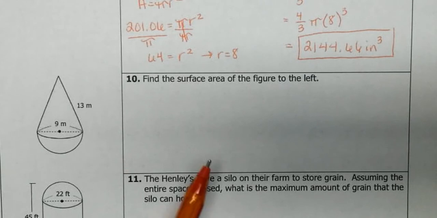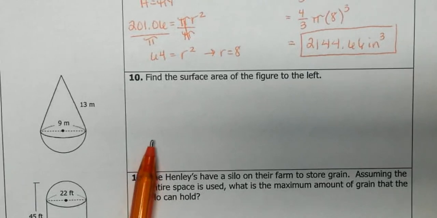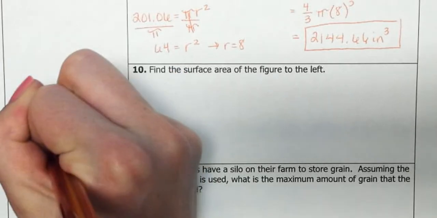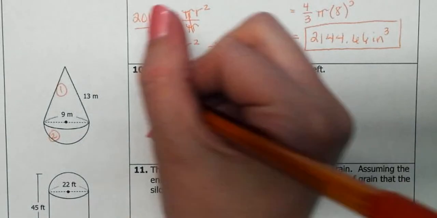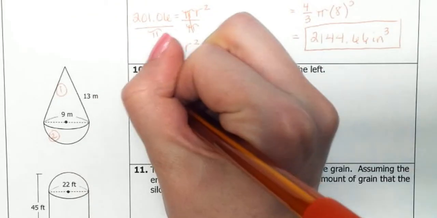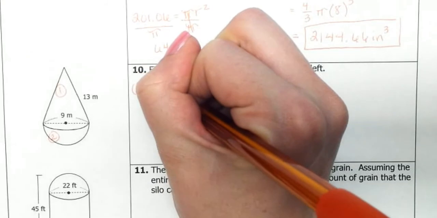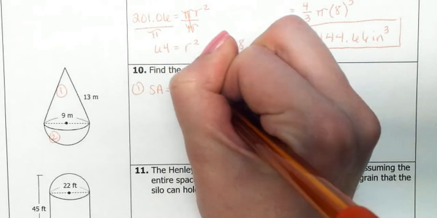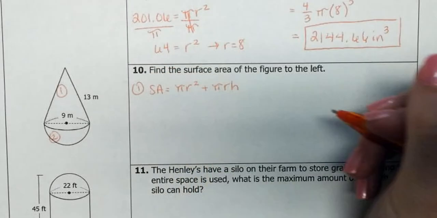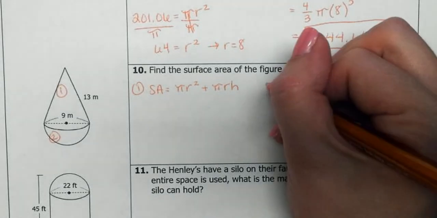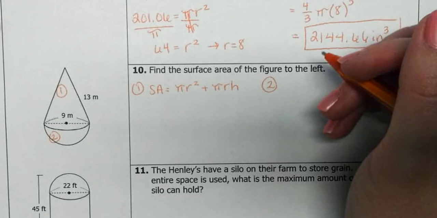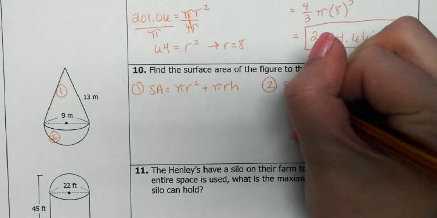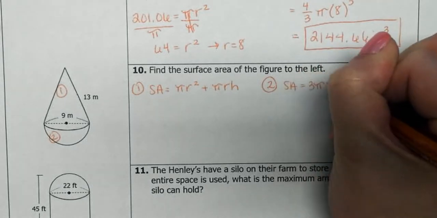Okay, so I want you to think about number 10. I just want to walk you through it. On number 10, break it apart, figure 1 and figure 2. I want you to find the surface area of figure 1 by using the surface area formula. Remember, the surface area formula for a cone is pi r squared plus pi r h. And then I want you to find the surface area for the hemisphere. So you're going to use surface area is 3 pi r squared.